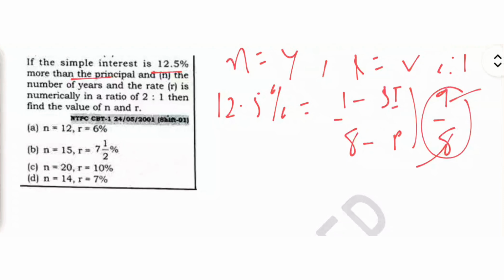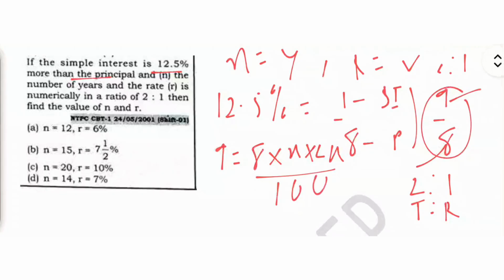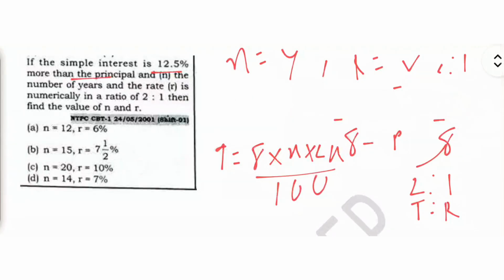If we put it in the formula, simple interest is 9 by 8 of P. We are given the ratio 2:1, which is time to rate, so we can consider this as 2x and x, which gives x into 2x by 100.